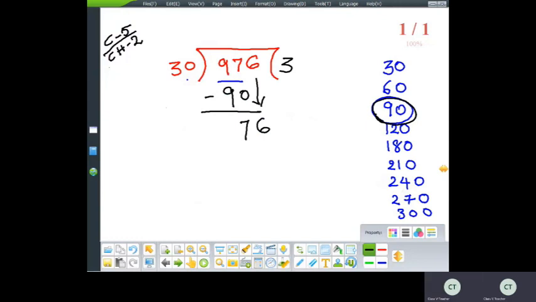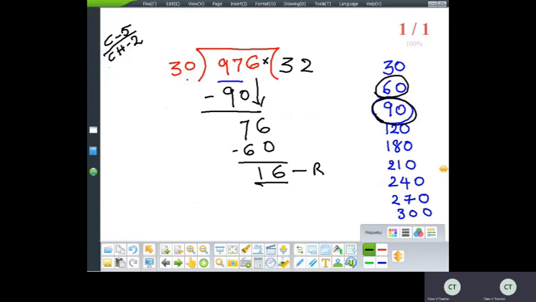No. So 76 is not there. The nearest is 60. Okay. So now 30 2s are 60. Division friend is subtraction. Is any more number there to do division? No. So 16 is our remainder.